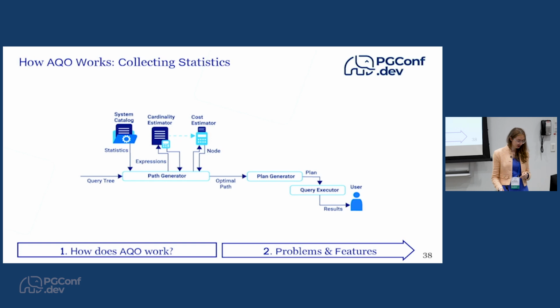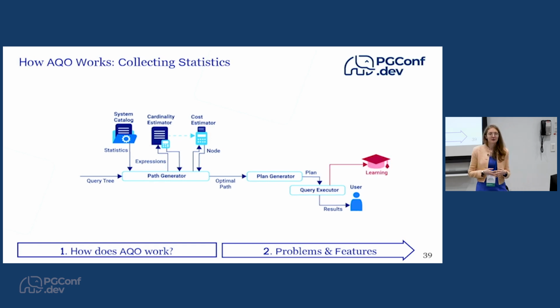It uses this information to evaluate cost information about a node, to determine whether this node is too expensive for us and maybe we need to exclude it from further consideration. When the path generator generates an optimal path, the plan generator uses this information to generate the query plan, and the query executor executes it. The result is sent to the user.